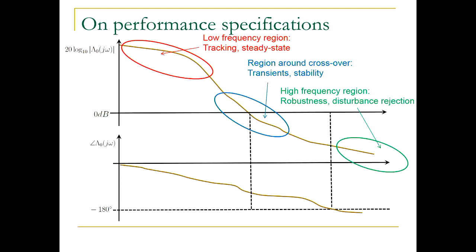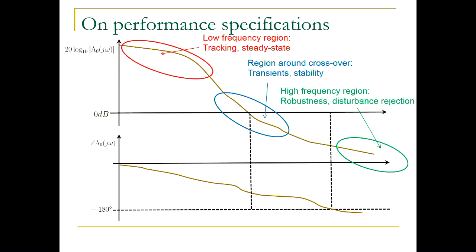By shaping the Bode plot, we can address steady state errors and tracking, we can address stability and transients, and we can address robustness with respect to high frequency signals. So you can see from this summary that we have a very powerful tool that can address in one go a range of different requirements on the performance and robustness of the control system.